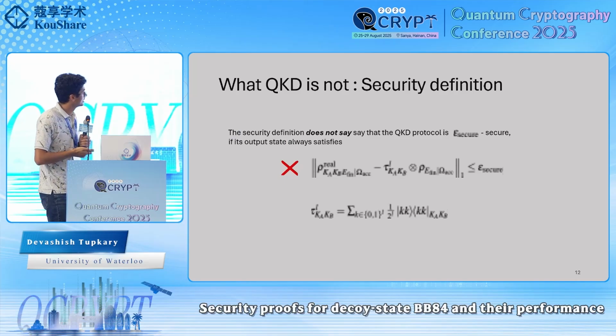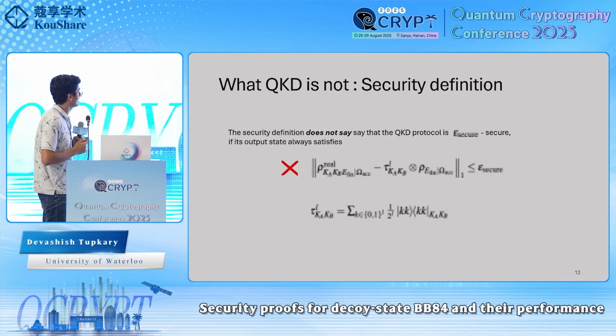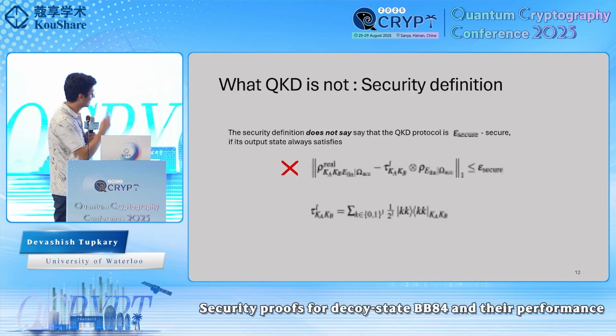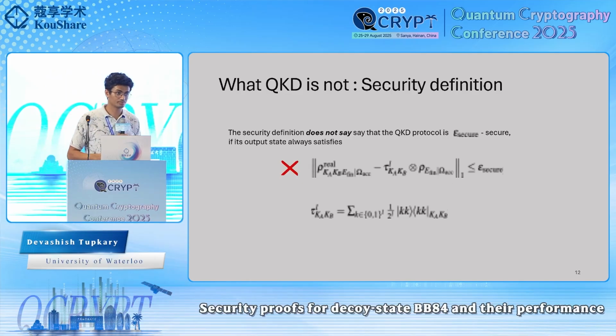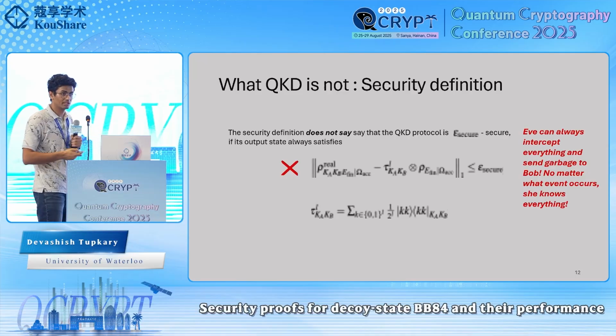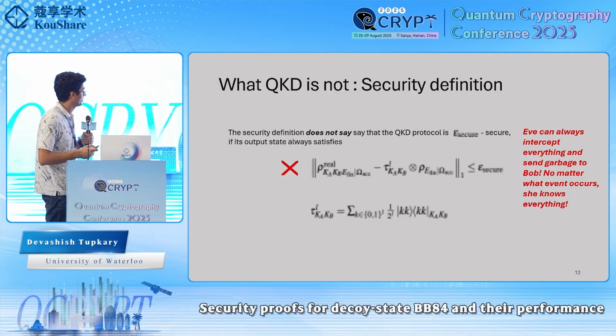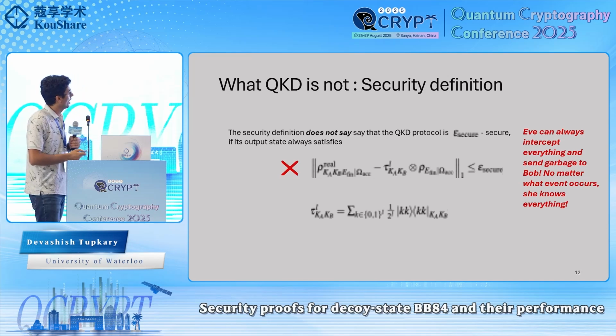Okay. So note that the security definition does not say that the QKD protocol is epsilon secure if the real output state conditioned on accept is close to the ideal output state, right? You can think for 2 minutes and consider the scenario where Eve intercepts everything that leaves Alice's lab and just forwards garbage to Bob.